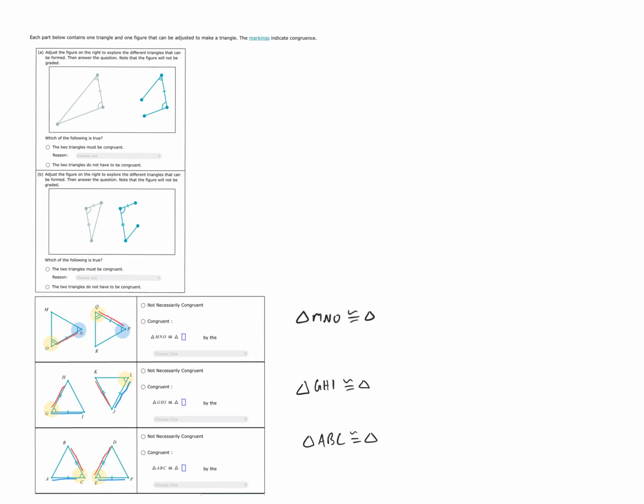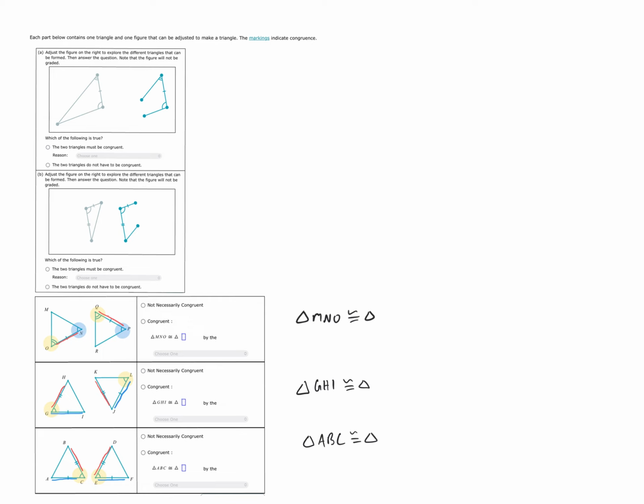On these, this is obviously a screenshot, so I can't really extend these, but you can extend these out, and you're trying to see if you can make these match this one over here, or if you could make a different triangle.